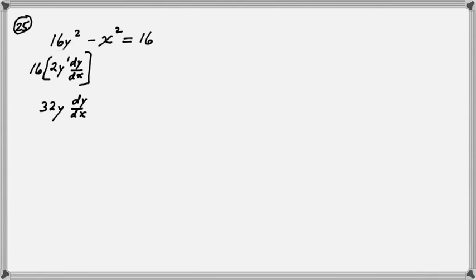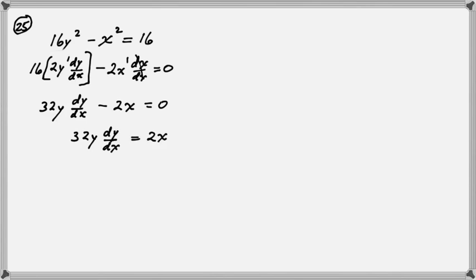Minus the derivative of x squared: power, base, 1 less power, derivative of base. Since it's an x, it's dx dx. The derivative of a constant like 16 is 0. I would add the 2x over and divide by 32y.